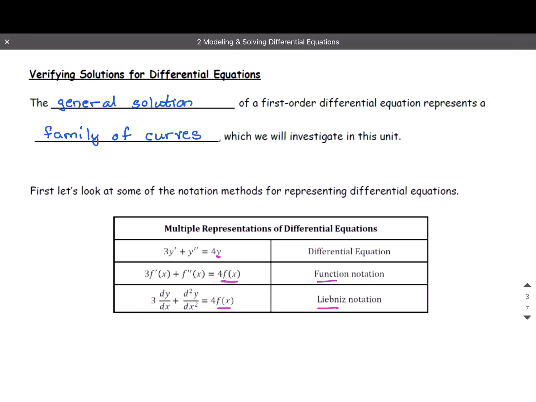That also means that our f prime of x can be written as y prime or dy/dx, right? dy/dx is the Leibniz notation. And that means that our second derivative of f of x could be written as y double prime or d squared y over dx squared, the derivative twice of y with respect to x. These three equations represent the same differential equation. They are all three different ways to write the same differential equation.